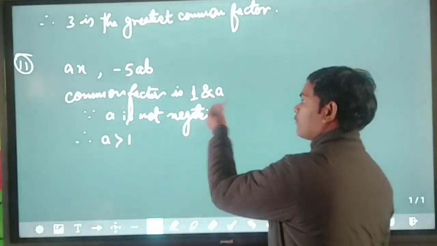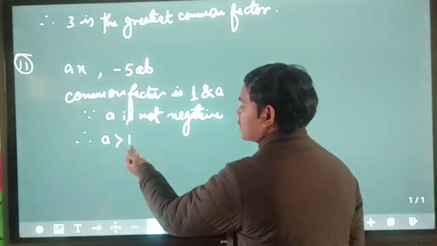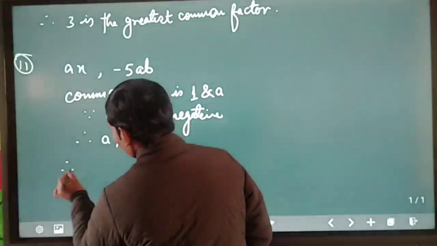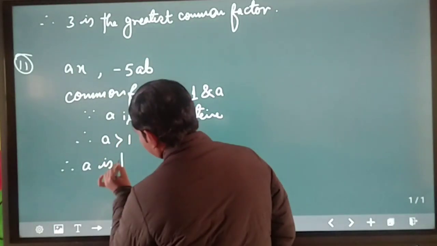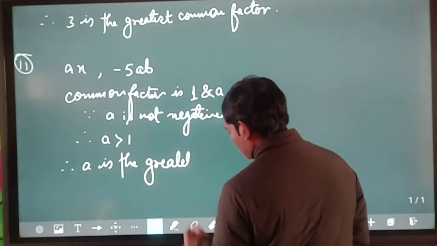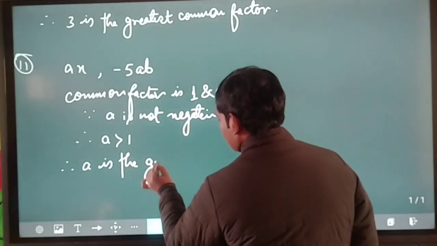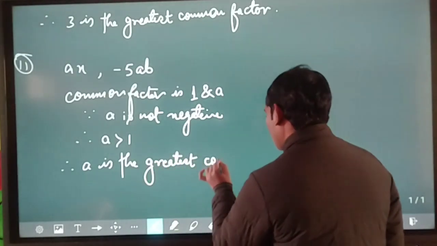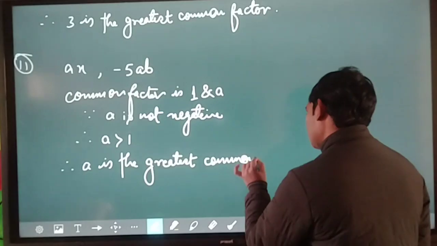Since both a and 1 are common and a is greater than 1, therefore a is the greatest common factor.